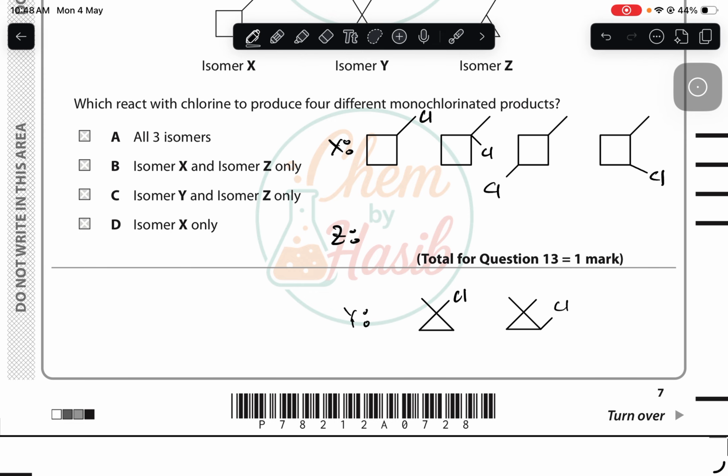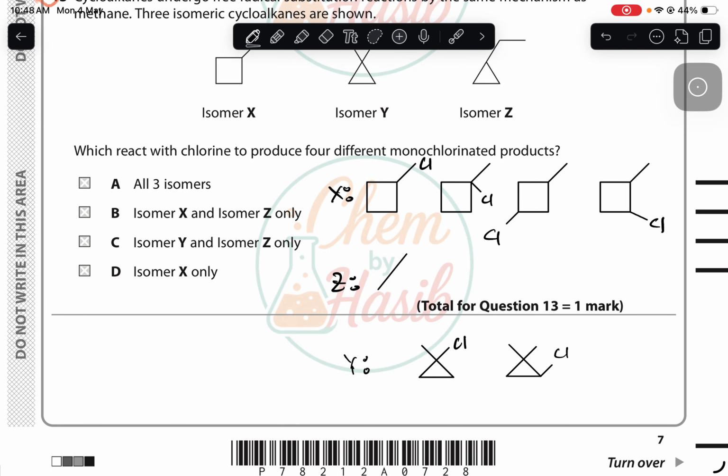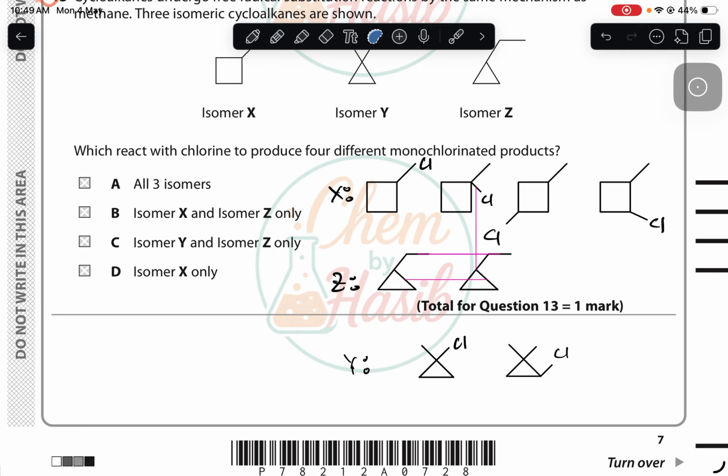Now look at isomer Z. Isomer Z is this compound. Let us check. One chlorine can get substituted here.